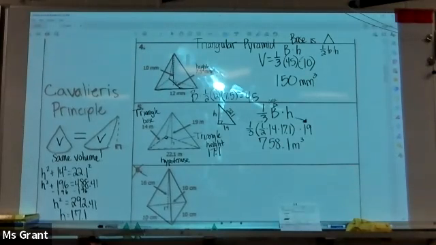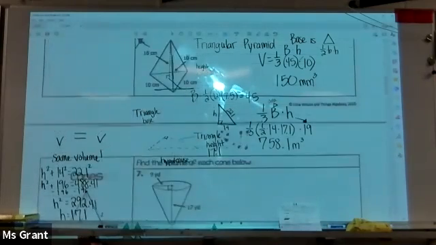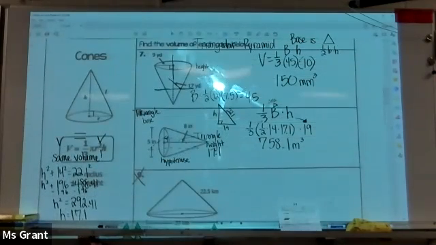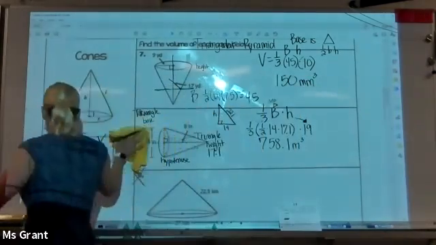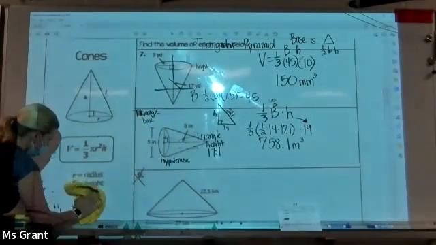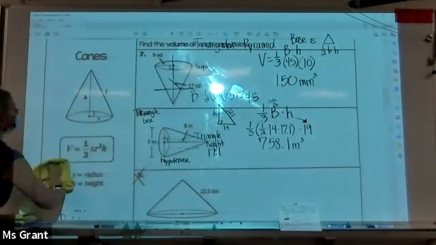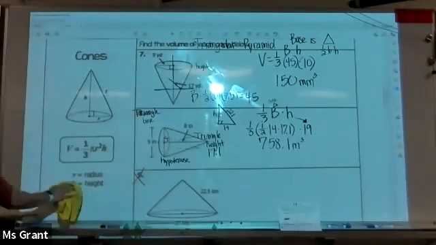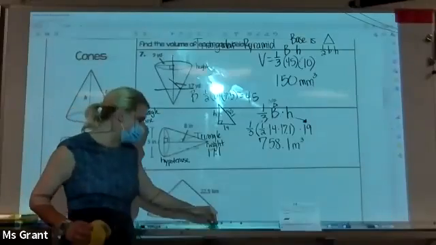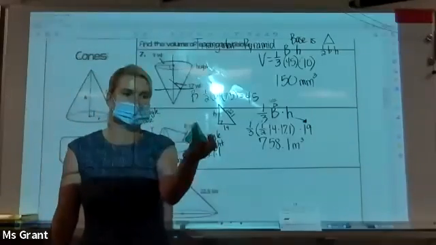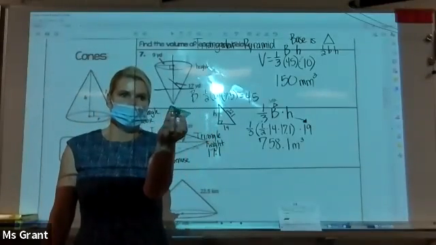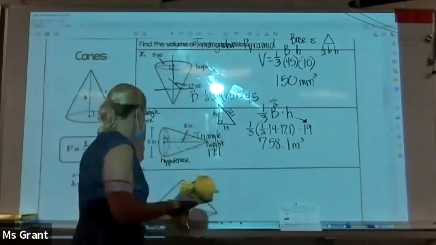Can I scroll down? Cone, let's do 7 and 8. Cone has a different formula. It has a different formula because the bottom of a cone is a circle.